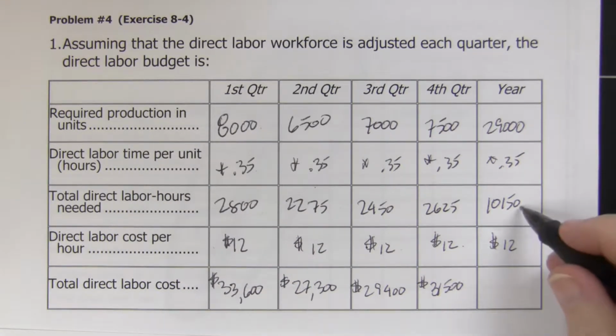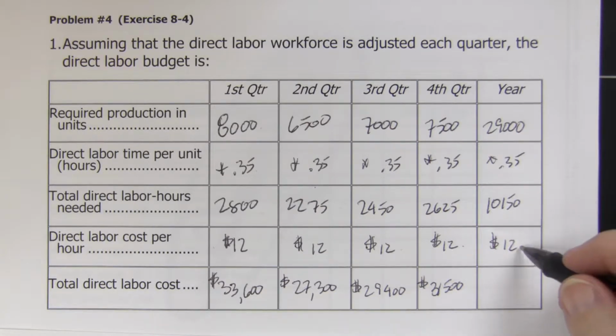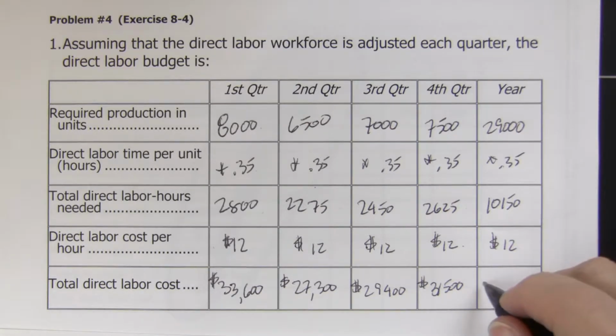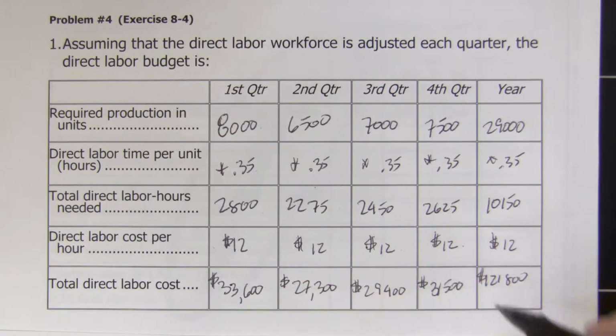If you multiply the 10,150 times $12, you come up with $121,800. And if you add across, you come up with the same. Now that's assuming that the workforce is adjusted each quarter and that there are no constraints or special restrictions on the contracted labor.